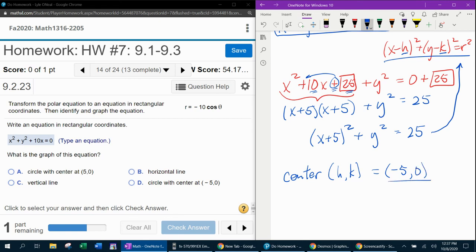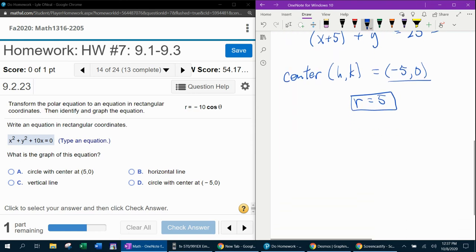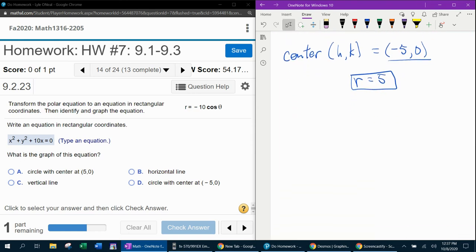So there's the center. And we know the radius squared is 25, so that means that the radius must be 5. Yeah, so I know that this is going to be a circle, and I even know how to draw it now. It's a circle with center at -5 and 0. There's our answer.